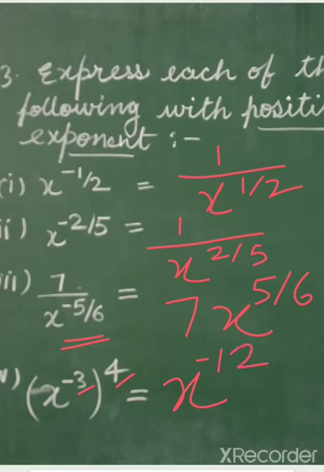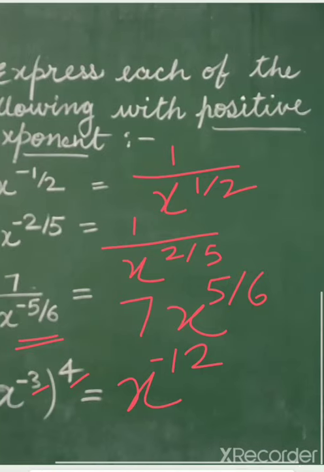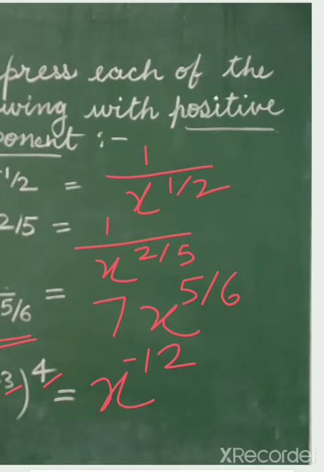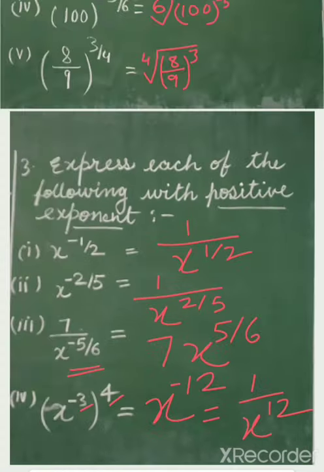So x to the power minus 12, and this is equal to 1 upon x to the power plus 12. So this is the answer. This is the way we have written all the negative exponents as positive exponents. So this way you will complete worksheet 1.